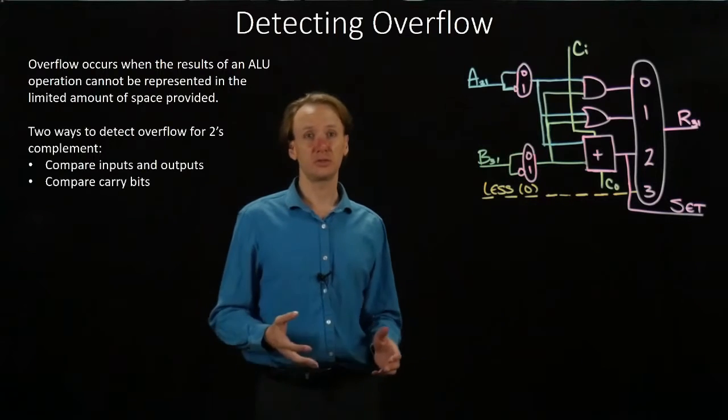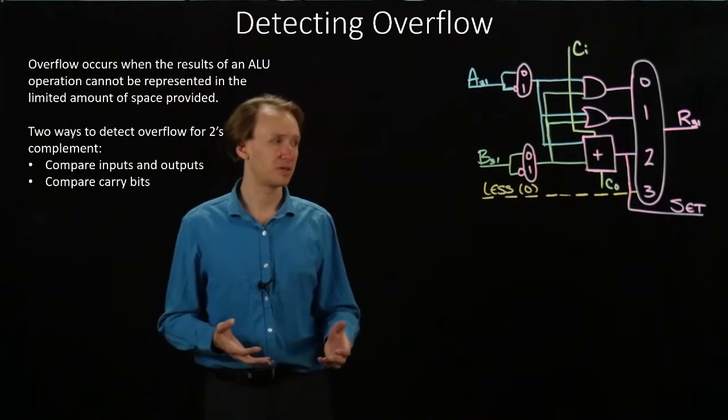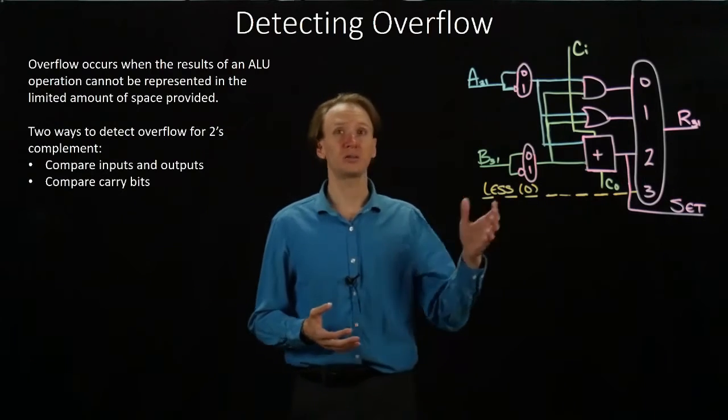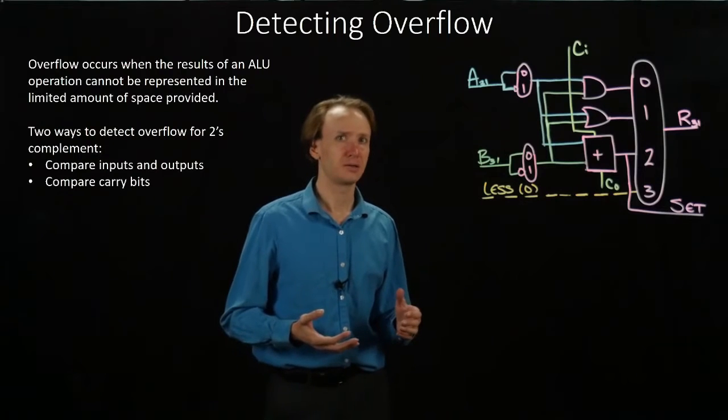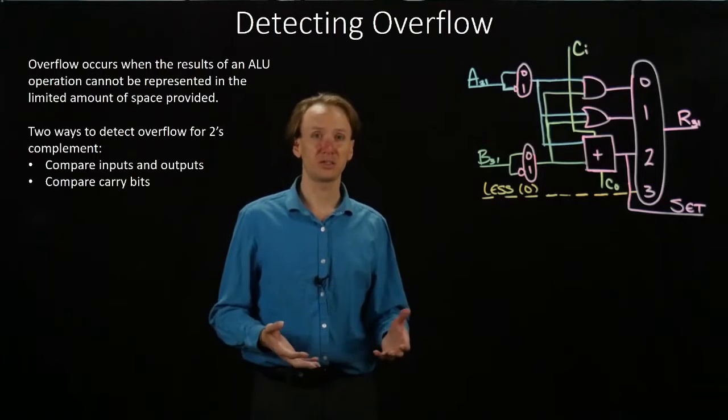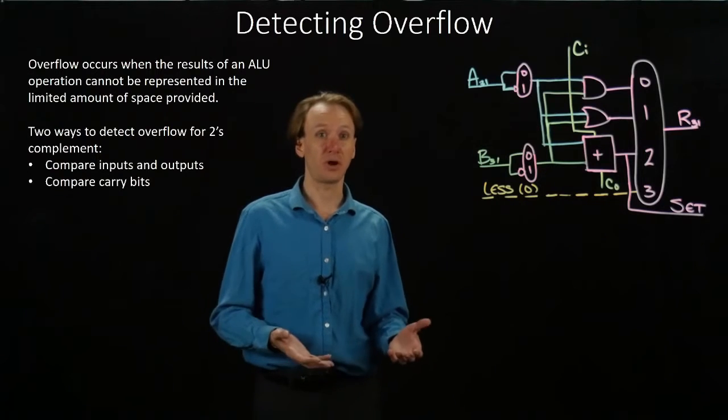There are two ways to detect overflow for 2's complement. Overflow occurs when we have, say, two positive numbers that come in and the result ends up looking like a negative number. When we have two positive numbers, the most significant bit is 0.